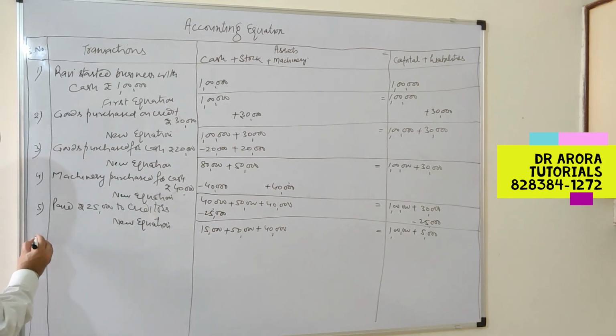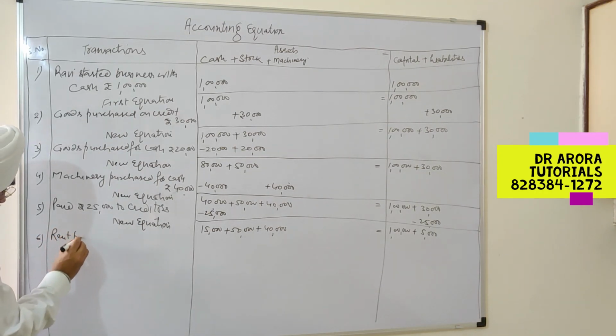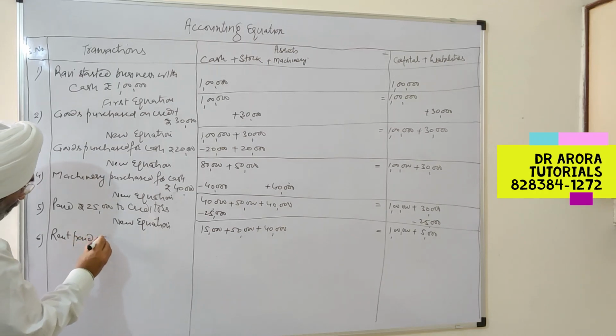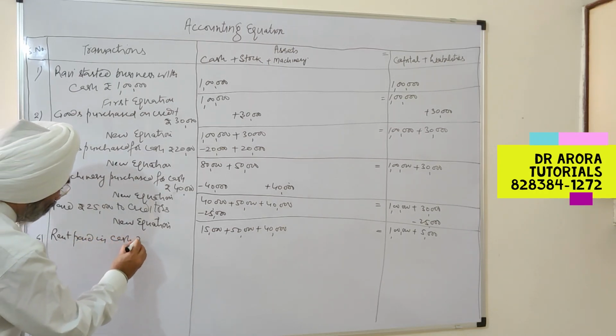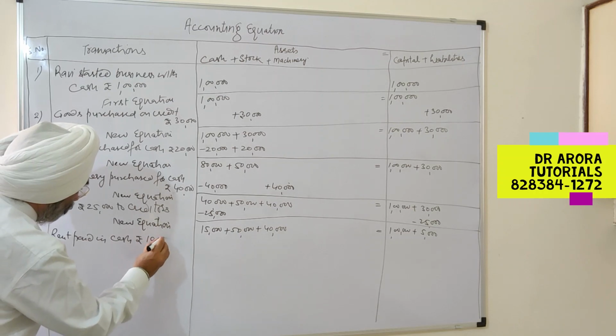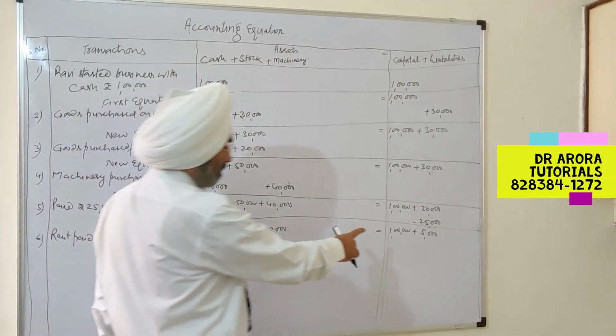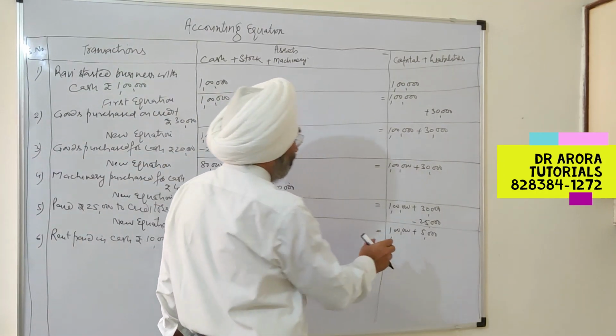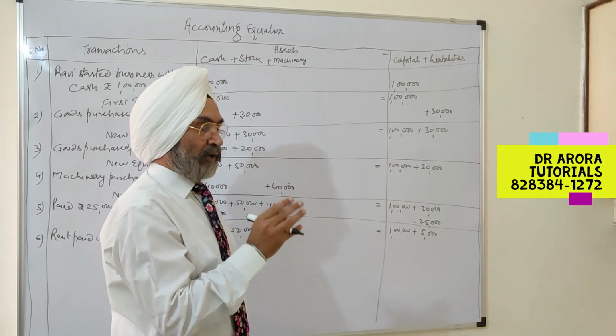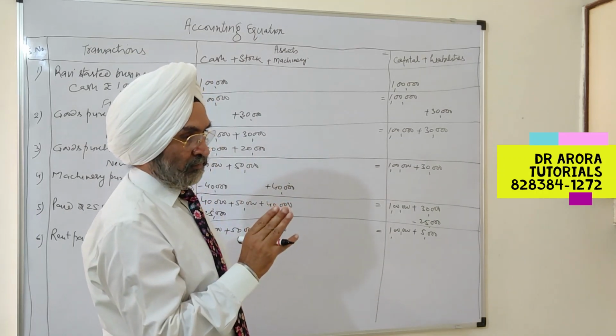Next item is rent paid in cash, rupees 10,000. Our capital is affected by 4 items.